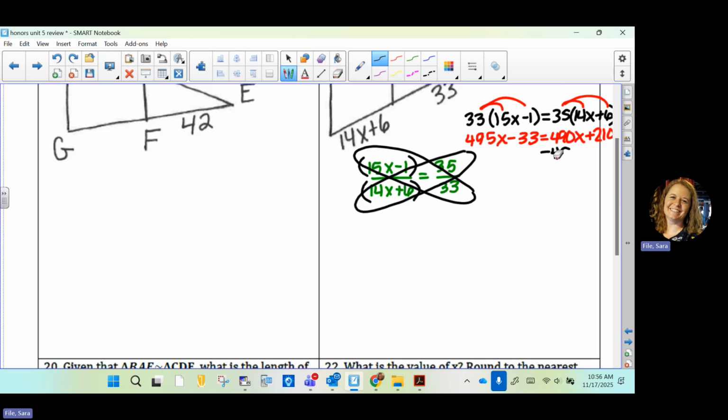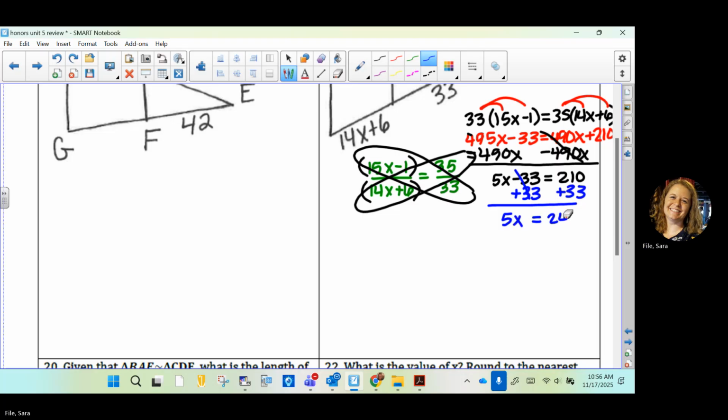So I'm going to move my 490x to get rid of it on the left. So 495 minus 490, so I've got 5x minus 33 equals 210. Then I'm going to move the 33 to the other side. So then I've got 243. Then I will divide out the 5.